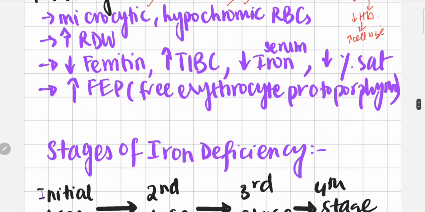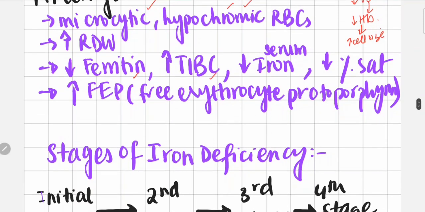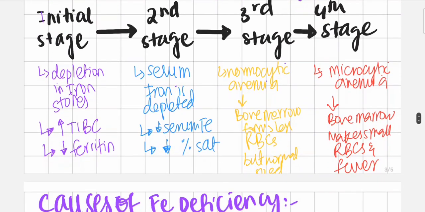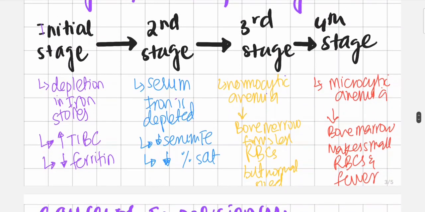And then there is going to be decreased ferritin and increased TIBC. Now there's going to be decreased ferritin because the iron storage pools are decreasing. I'll tell you further in the stages of iron deficiency, and I'm going to detail the other labs there. So first is the initial stage, then we have the second, third, and fourth stage.